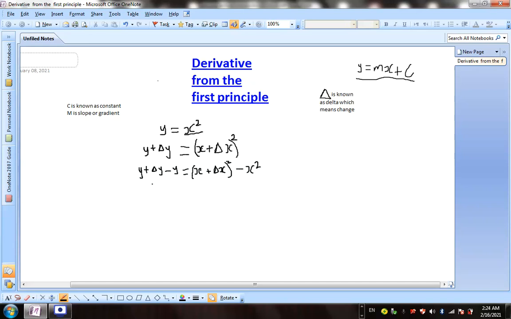So we are left with dy is equal to, now let's expand this (x plus dx) squared. (x plus dx) squared is the expansion of x plus dx multiplied by x plus dx.